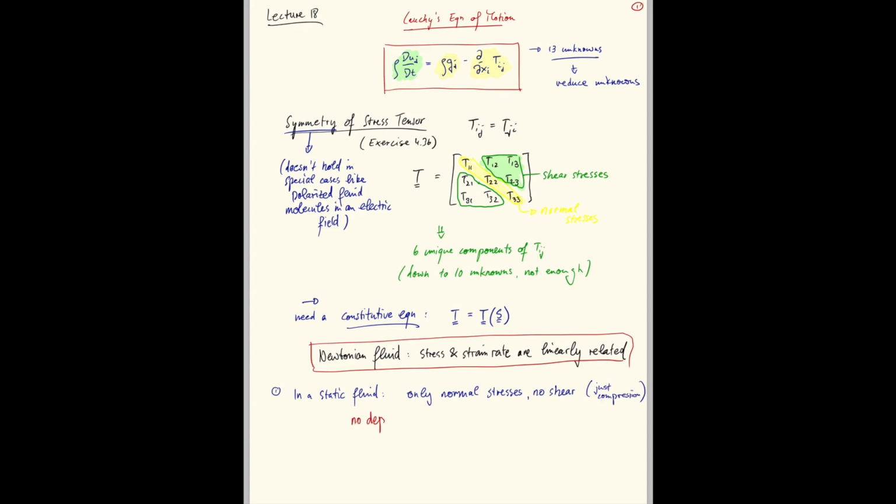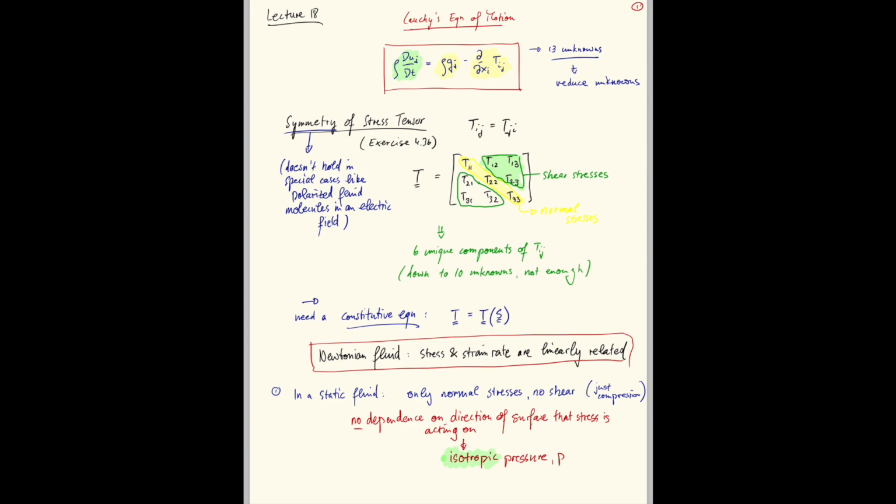And if you have only normal stresses, consider like a water bath, then there's no dependence on the direction of the surface that your normal stress is acting on. That means the pressure P is the same in any direction that you consider. So P is the isotropic pressure.